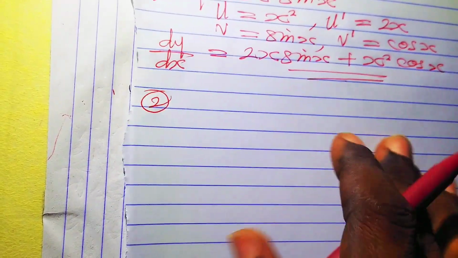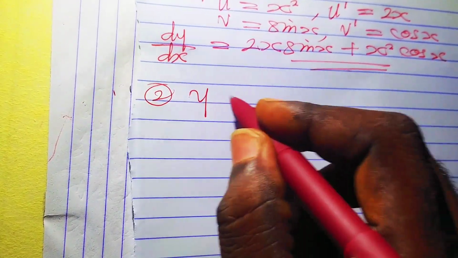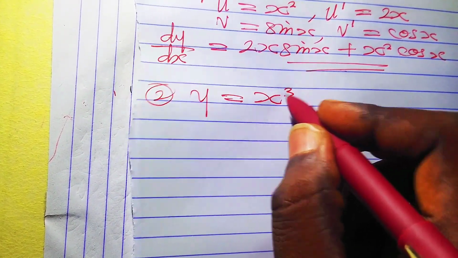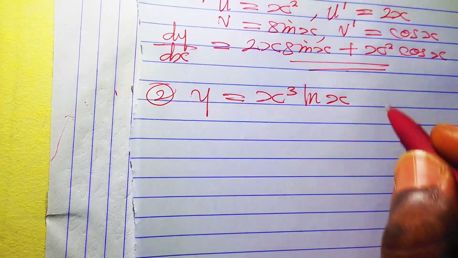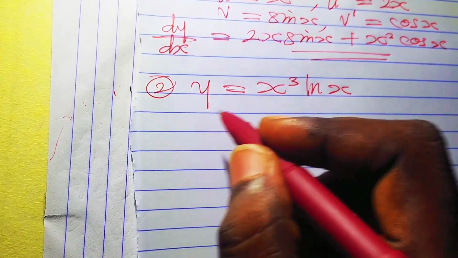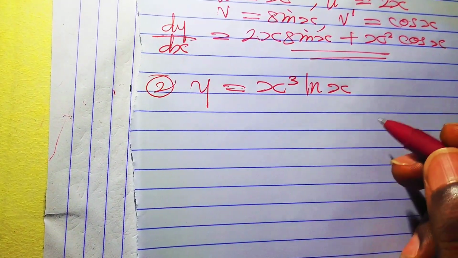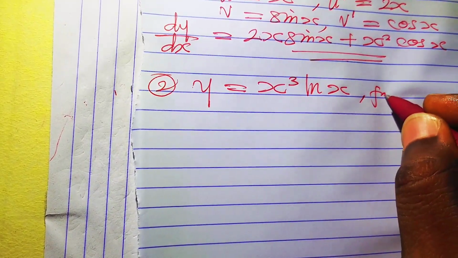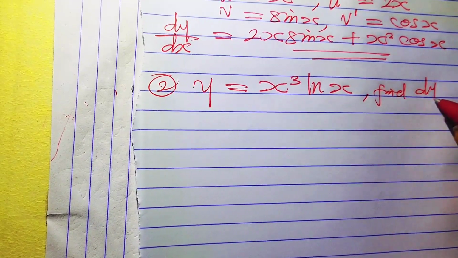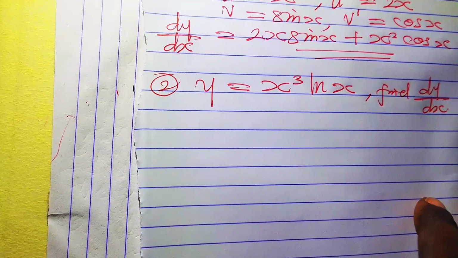Let's take a look at question 2. If we're given y to be x cubed ln x, we have to differentiate y with respect to x, that is find dy/dx.